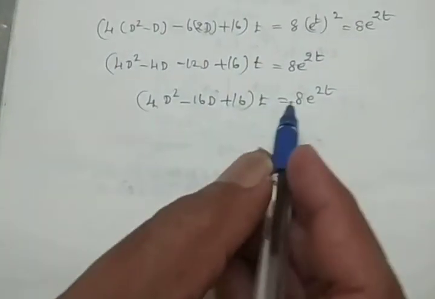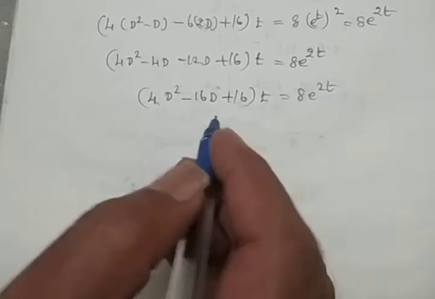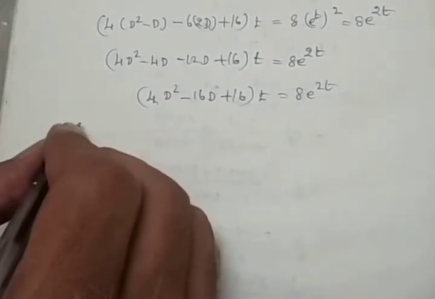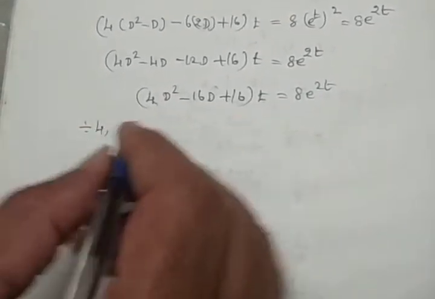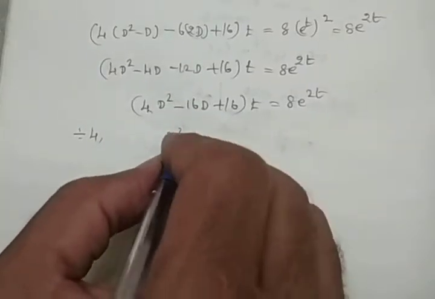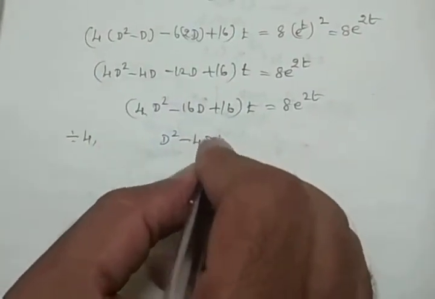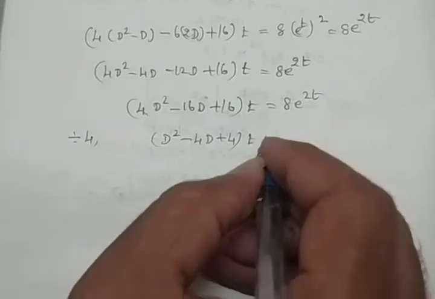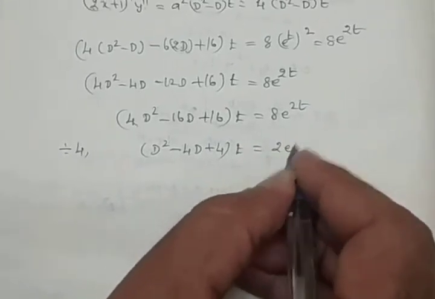So this is a multiple of 4, and the right hand side also a multiple of 4. So we divide by 4, we get D square minus 4D plus 4 of t equal to 2 times e power 2t.